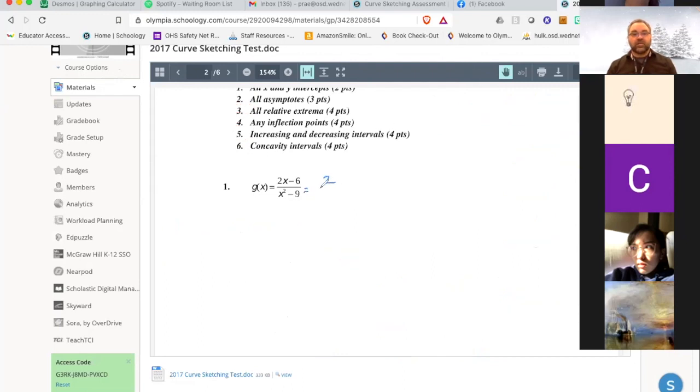And let's get to our second derivative. So remember, g prime of x was -2 over x plus 3 quantity squared. So now we're going to tackle 4 and 6. Inflection points and concavity. What does g double prime of x look like?